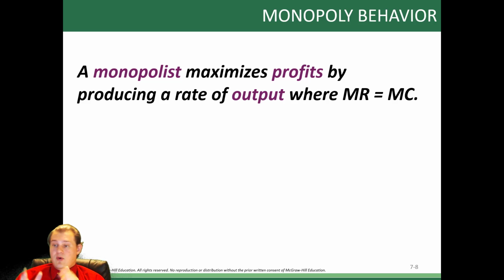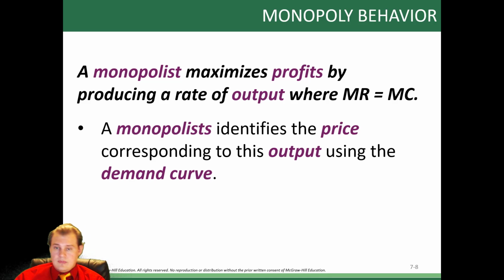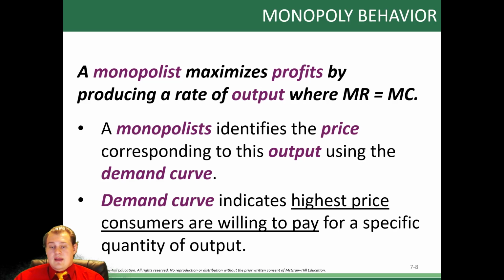Hopefully, if we're producing more, MR is greater than MC. The monopolist identifies the price corresponding to this output using the demand curve. The demand curve indicates the highest price consumers are willing to pay for a specific quantity of output, so at each price level we can see the quantity demanded and what they're willing to pay.